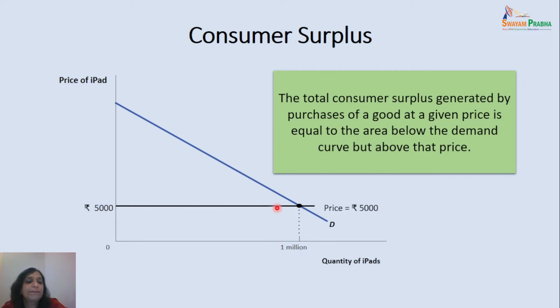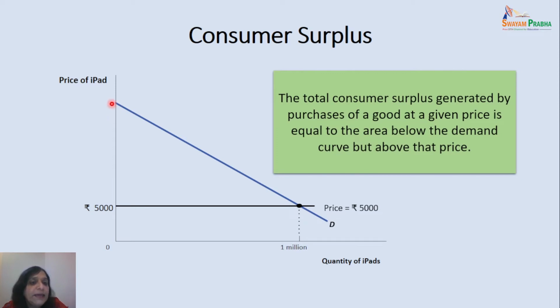5,000 rupees. Now if you see this particular demand curve, which is your D demand curve, the blue line, the point which I am right now highlighting with my laser pointer, the point where your demand curve is touching your price axis, that is the vertical axis, theoretically this is the highest price of iPads which any consumer will be willing to pay.